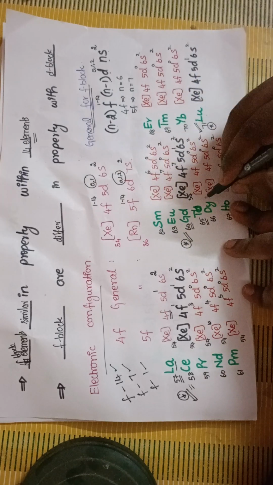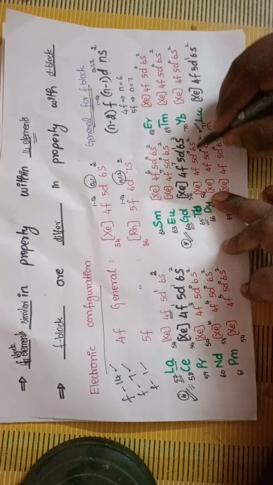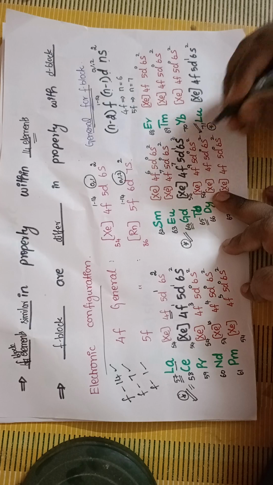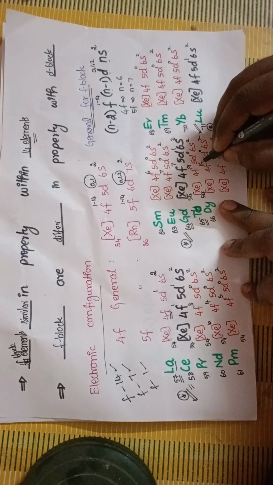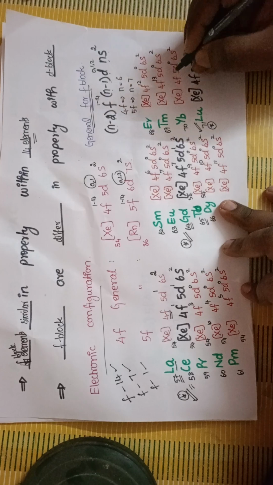Terbium 65: up to xenon 54, then 56. 65 minus 56, 9 electrons. Here 10, 11, 12, 13.